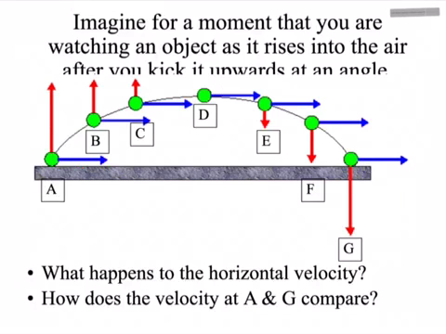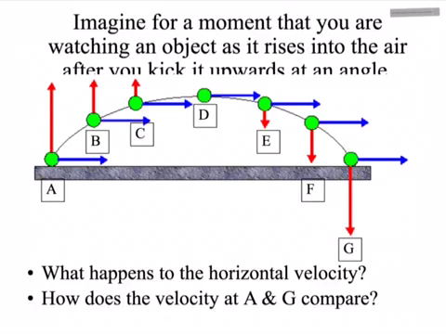As you toss an object straight up, the velocity is going to decrease, as long as nothing else is affecting it, by 9.81 meters per second every single second. You can see as it rises, these red arrows are getting smaller and smaller until it reaches its maximum point, D, where there is no red vector, which means that the vertical velocity at the maximum height is 0.